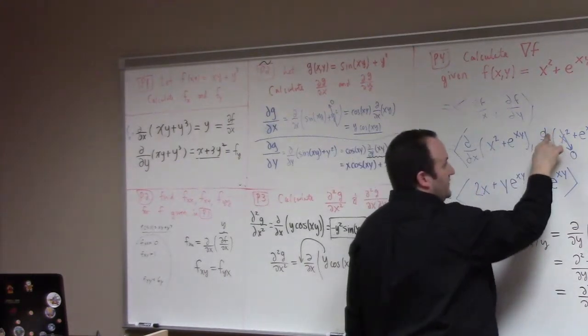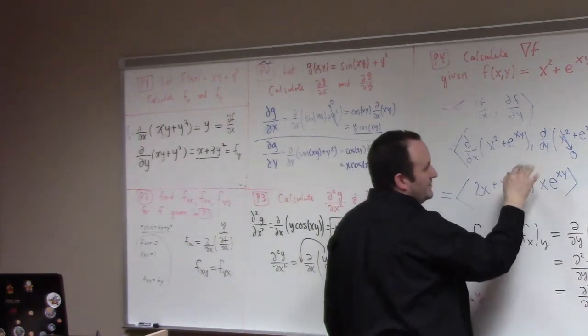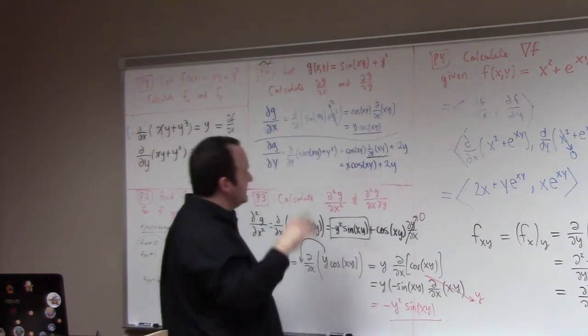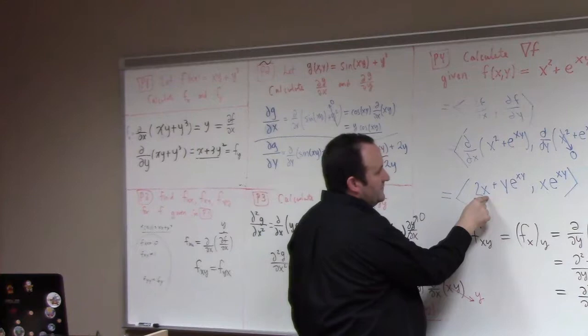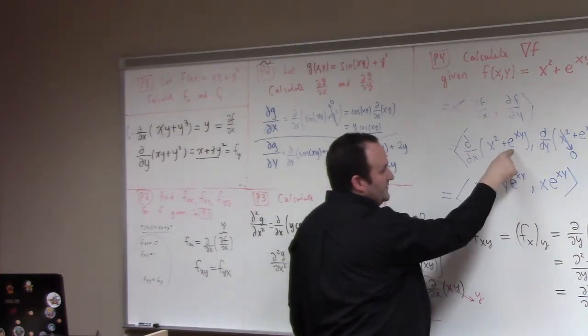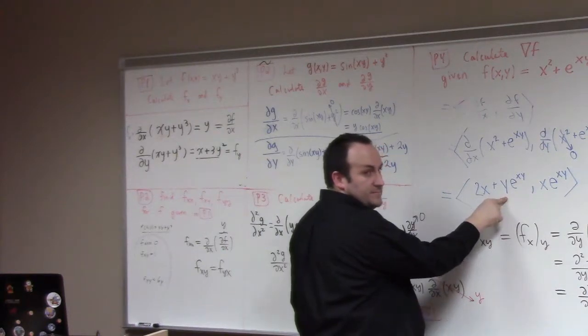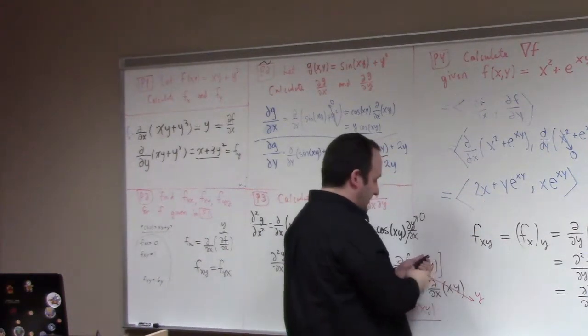We mean that partial y acts on this. So partial x, that's a 2x. Very good. This differentiates to e to the xy. Now, why is this y here? Chain rule, right? What's the partial derivative of xy with respect to x?